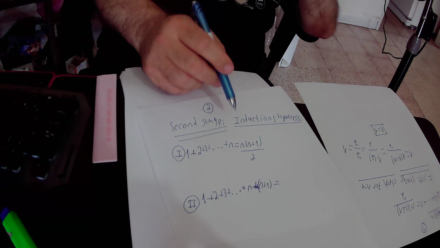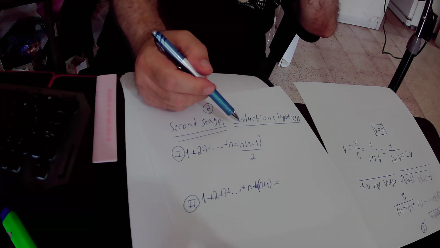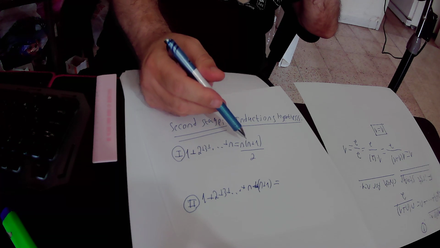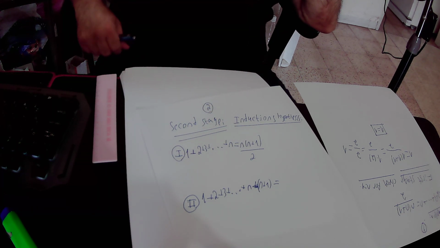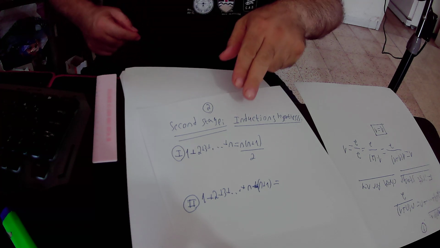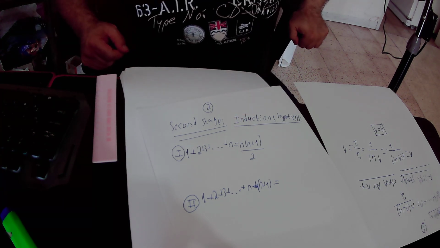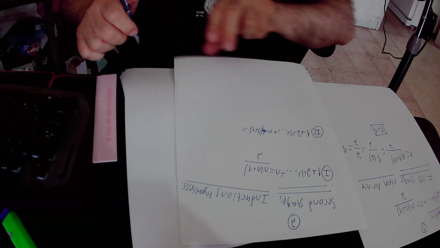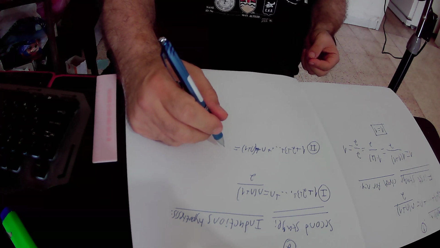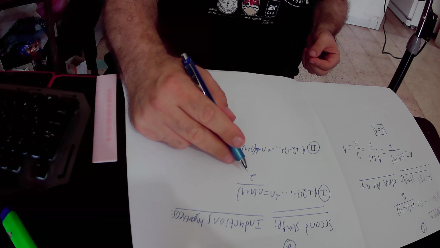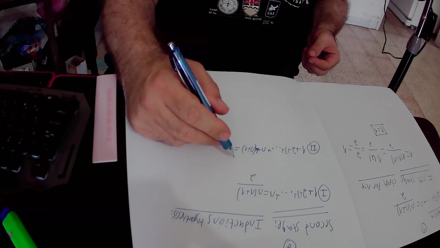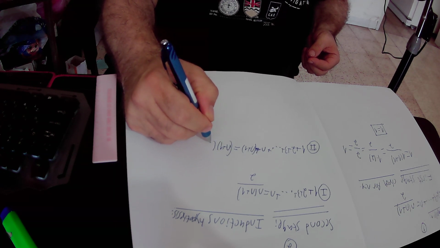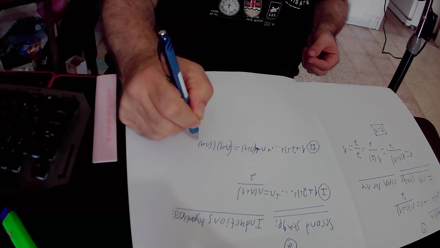And on the other side of the equation, the expression for n is n times n plus 1 divided by 2. But we need the expression for n plus 1. So wherever it is written n, we will substitute it by n plus 1. So the expression for n plus 1 will be, as I already said, in the original expression it is n times n plus 1, so it will be n plus 1 times n plus 1 plus 1.